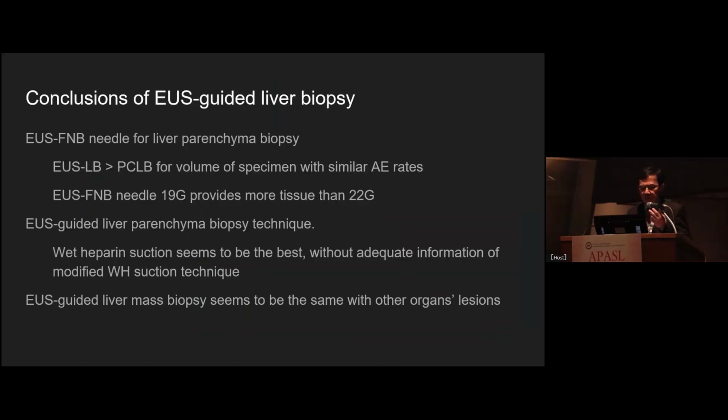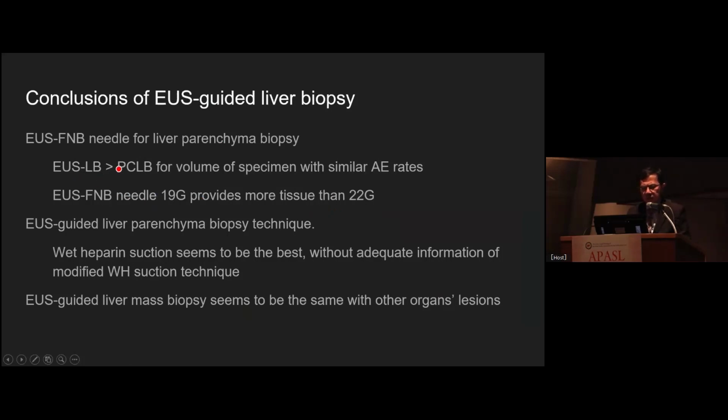So my conclusion about EUS guided liver biopsy: for the EUS FNB needle for liver parenchymal biopsy, it looks like EUS guided liver biopsy is maybe equivalent for volume of the specimen with similar adverse event rates. Comparing FNB needles, the 19 gauge provides more tissue than the 22 gauge needle.